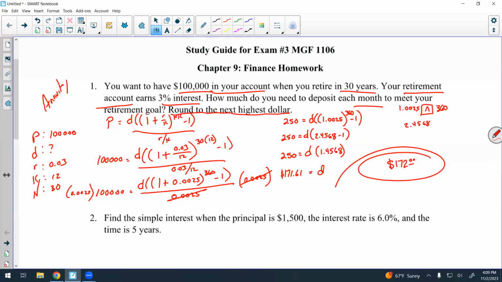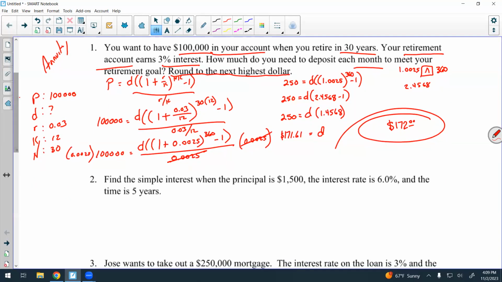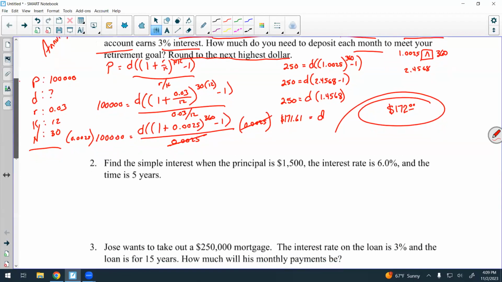And I'm writing big. Any questions on number 1? Easy, right? Again, the hardest part is figuring out which type of problem, labeling your variables. Then it's just math. And you have a calculator for that.